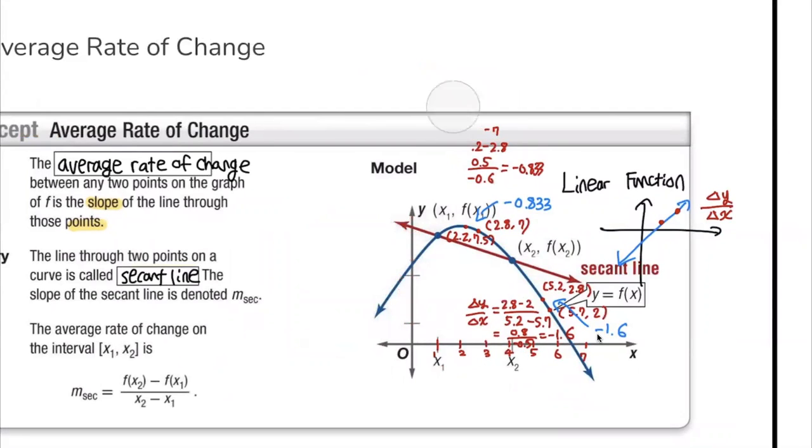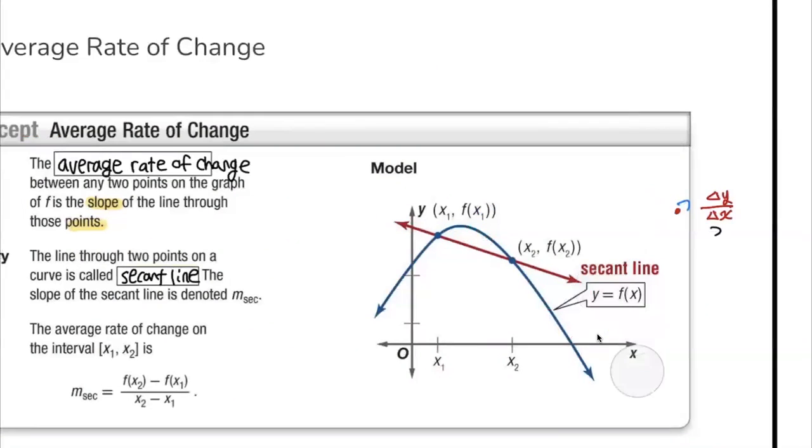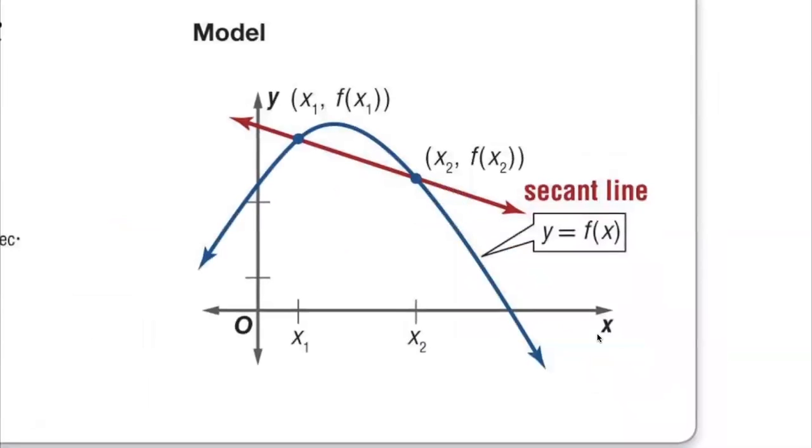I hope you understand all the concepts that I had with rate of change now. Sorry for the long explanation. Secant line, what is that? If you want to find a rate of change between this point and this point, you're going to draw a secant line. What I mean by secant line is a linear line that passes through these 2 points.